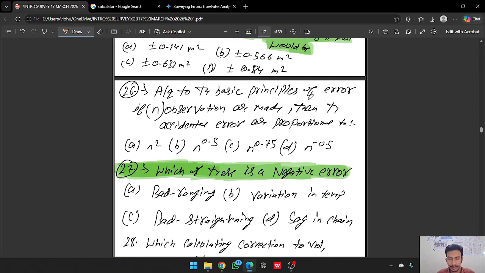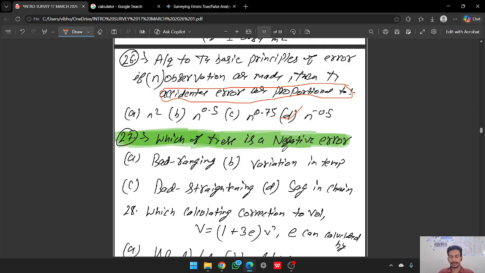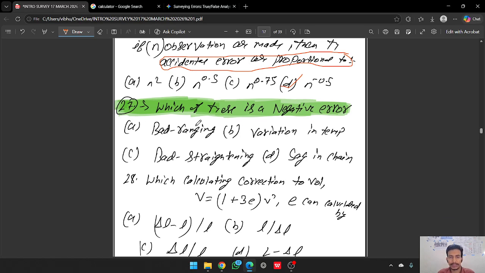According to the basic principle of error, if the number of observations are made, then the accidental errors are proportional to the square root of the number of observations. Which of these is a negative error?